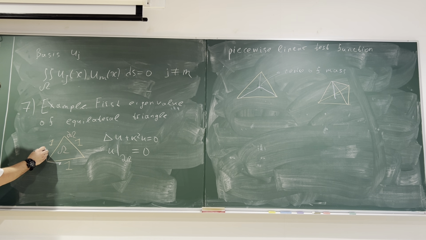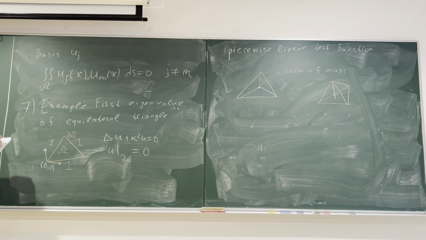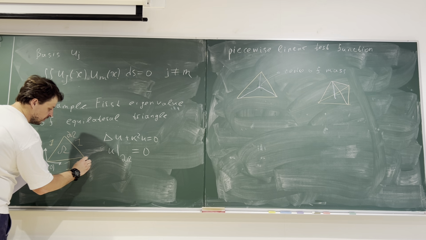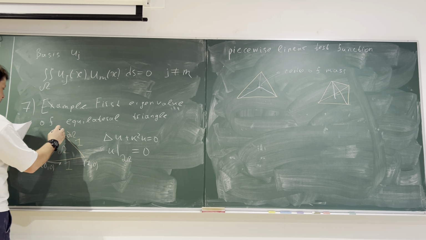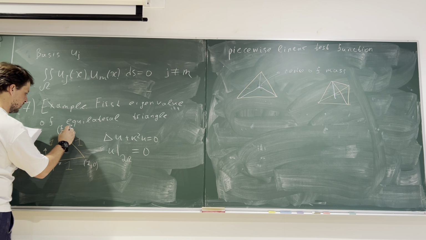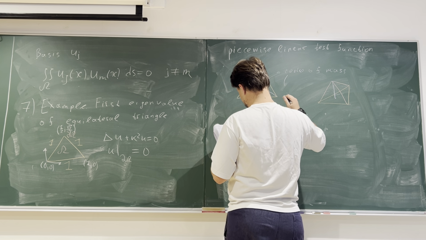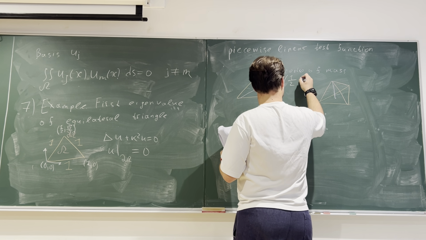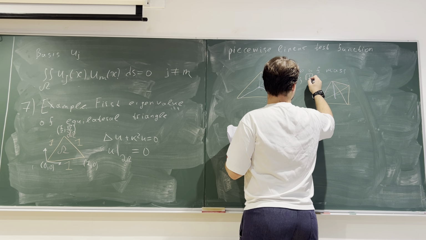So let's put our system of coordinates here at 0. So this is 1, 0, and this point is 1 over 2, square root of 3 over 2. I also computed the coordinates of the so-called barycenter, or center of mass.